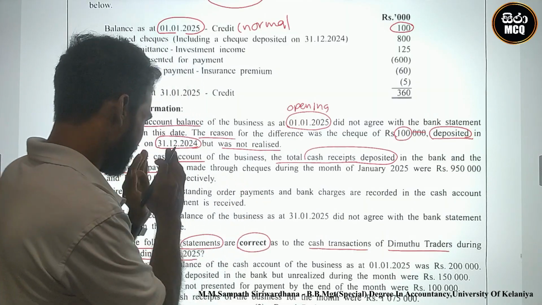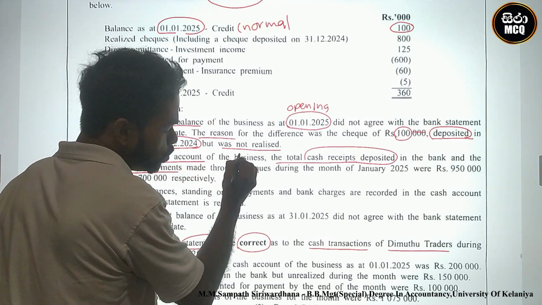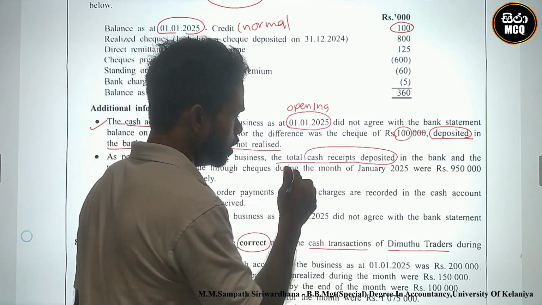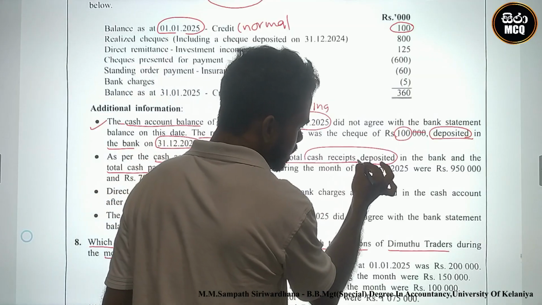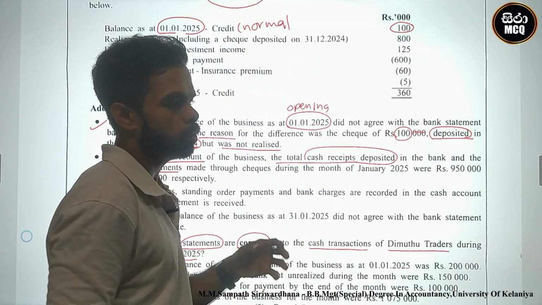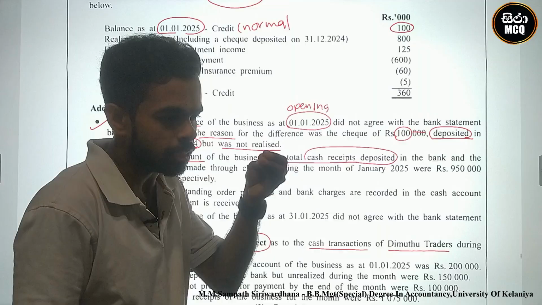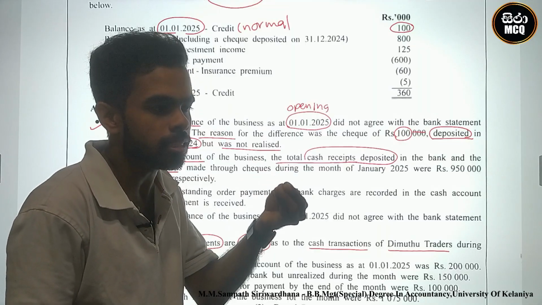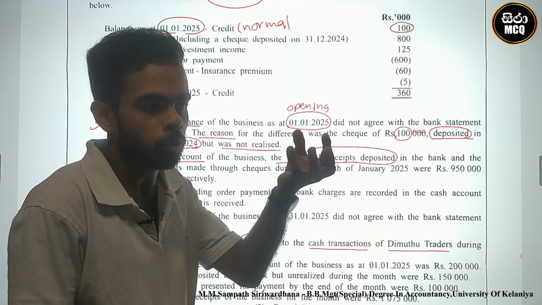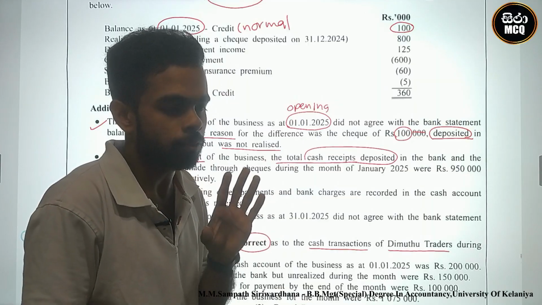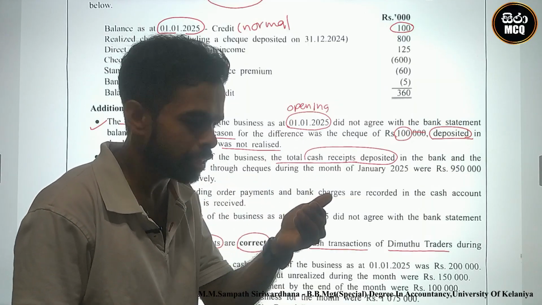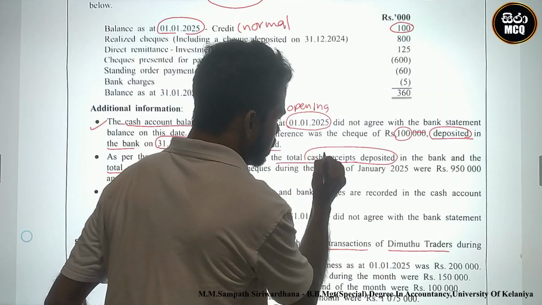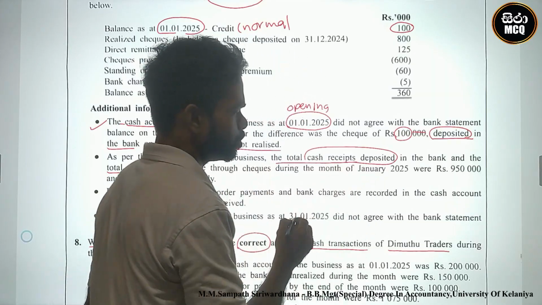Cash account means our account of the business. Total cash receipts deposited. You know, all cash receipts we must deposit in the bank account. Therefore they said total cash received deposited.